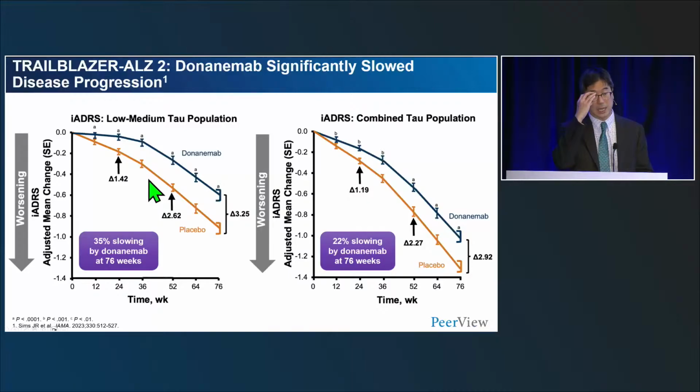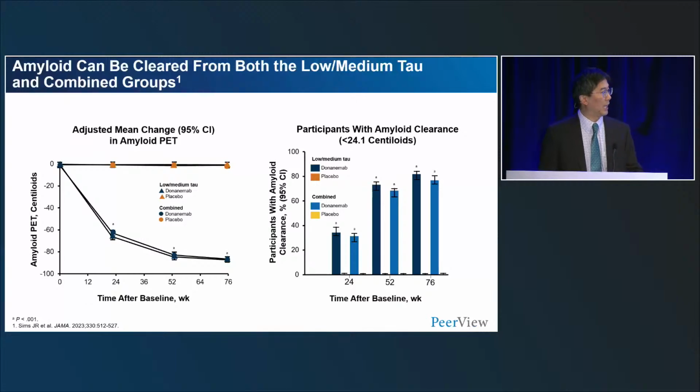They actually added tau PET into this trial and showed that in patients with low to medium levels of tau, they did better than if you did not stratify by tau at all. But even in the completely unstratified by tau patient population, there was still significant slowing in cognitive decline. And likewise, with donanemab also, a marked decrease was seen in amyloid PET on serial imaging with centiloids.